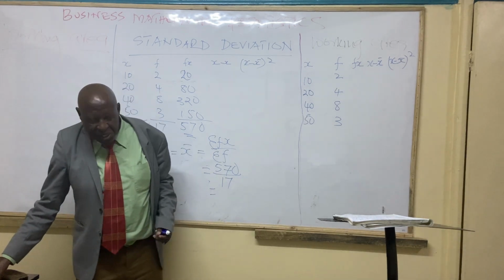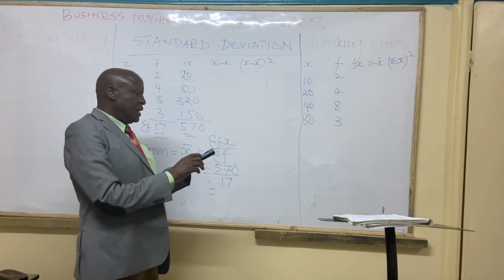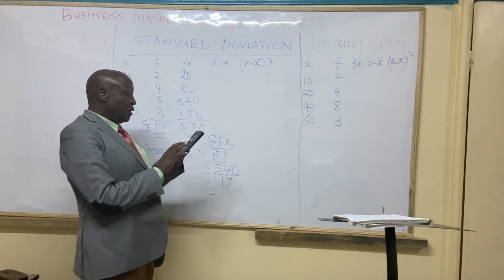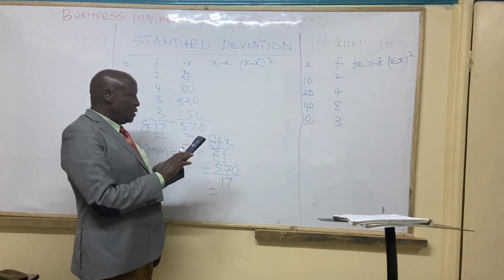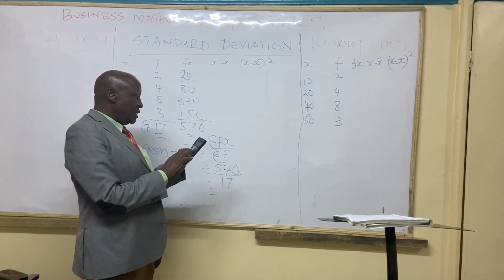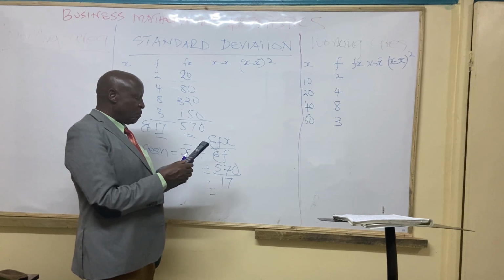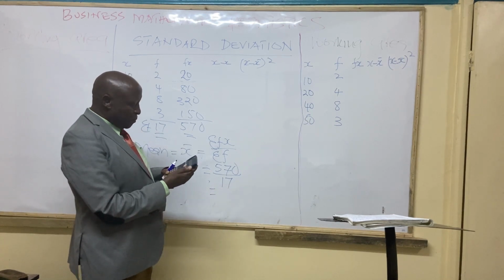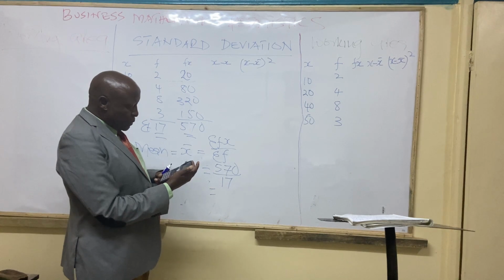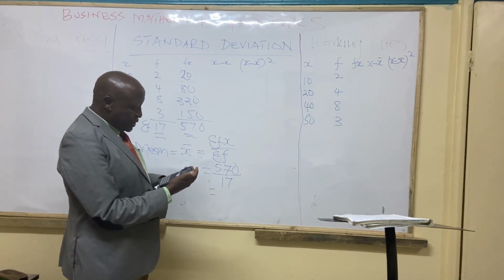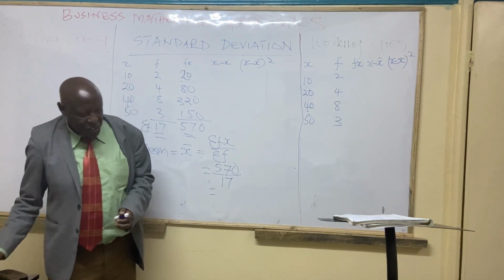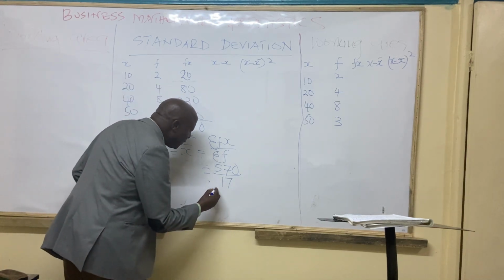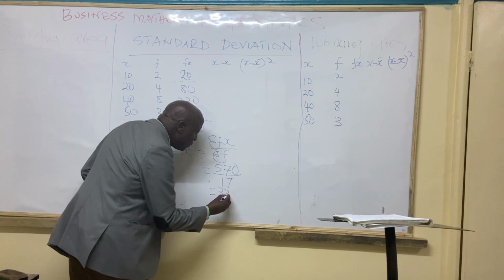We calculate 570 divided by 17. It will be 33.5.